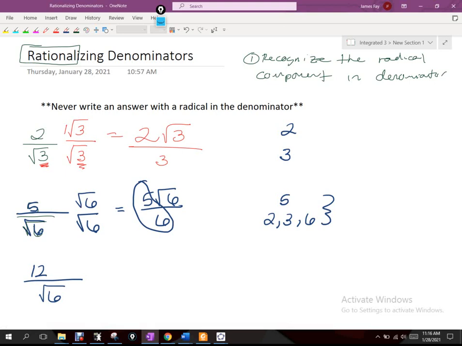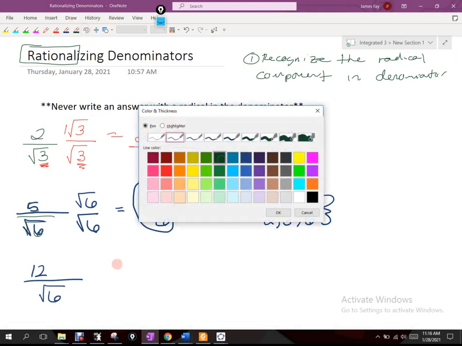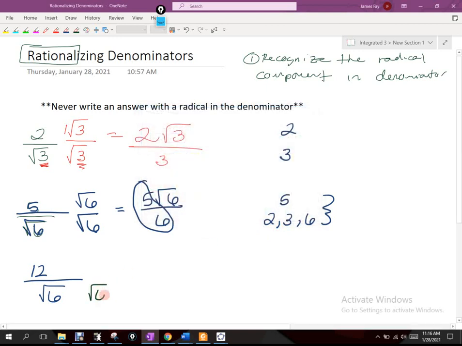So what am I going to multiply the bottom by? Radical 6. And I'll multiply the top by radical 6, right? So it gives me 12 radical 6 over 6.